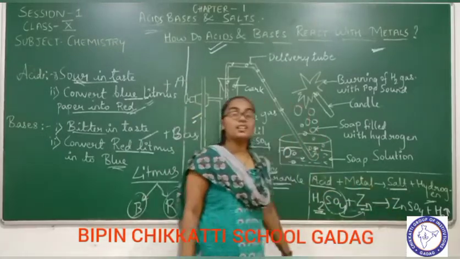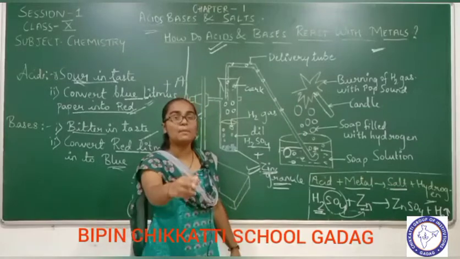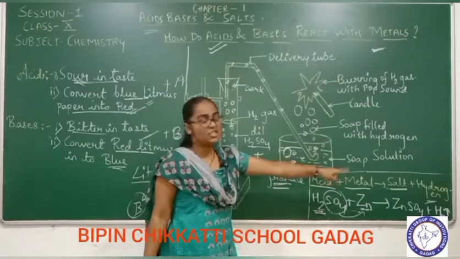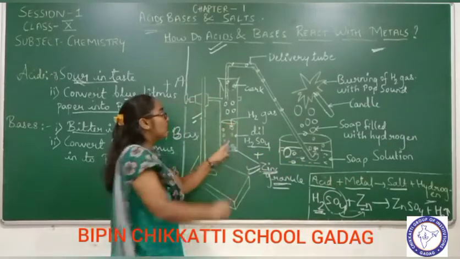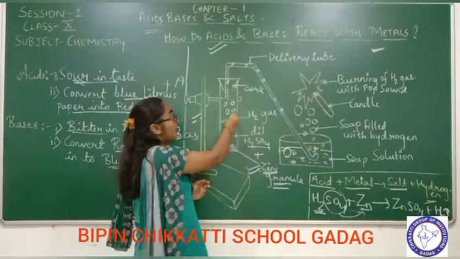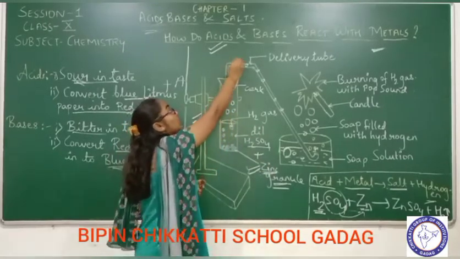Along with the zinc sulfate, the byproduct formed is hydrogen gas. This hydrogen gas, evolved after the reaction between the acid and the metal, will pass through this delivery tube.